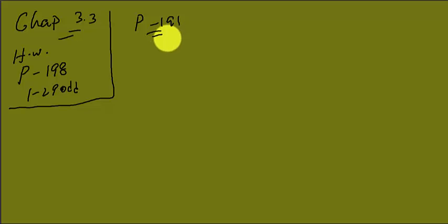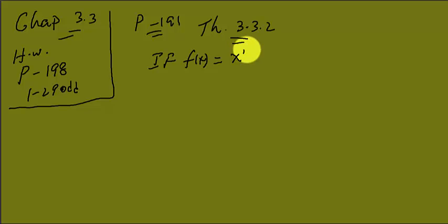Okay, and this is theorem 3.3.2. In this theorem it says, if f of x is equal to x to the n, I'm going to prove that f prime of x is equal to n times x to the n minus 1.